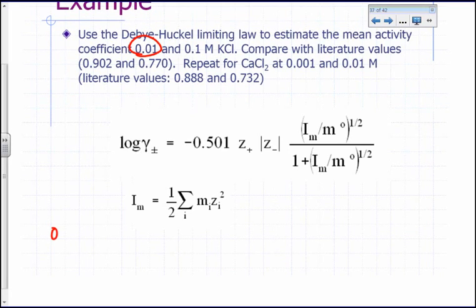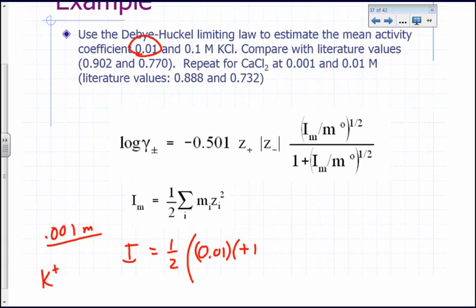So for the 0.01, let's just say 0.01 molar instead, okay? So we calculate the ionic strength: it would be 1/2 times the molality of K plus, which is 0.01, times the charge of potassium, +1, squared, plus the molality of chloride, 0.01, times the charge of chloride, -1, squared.